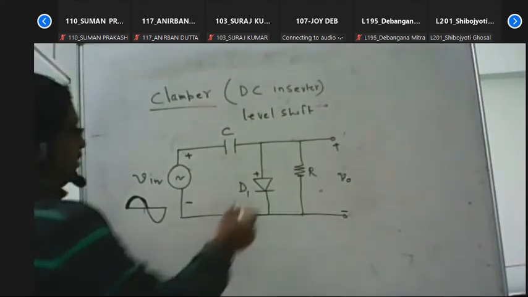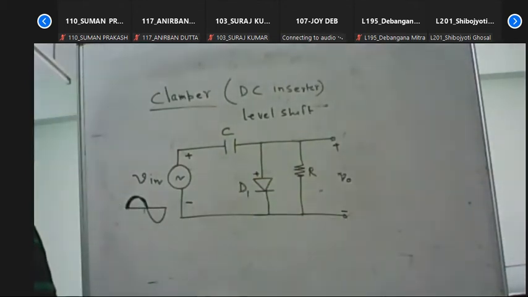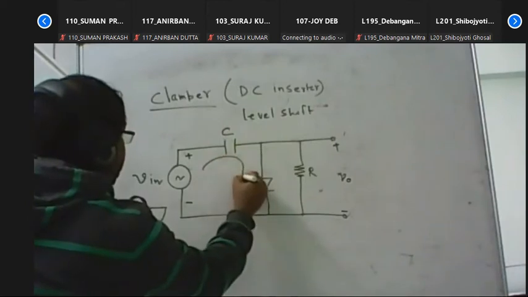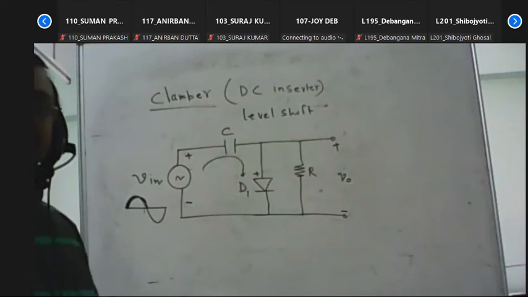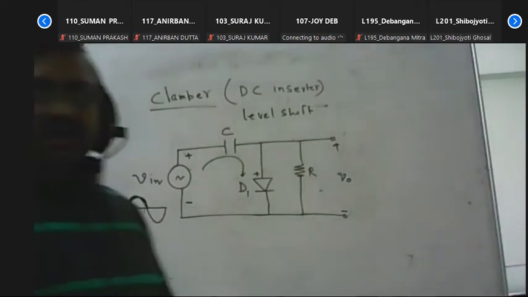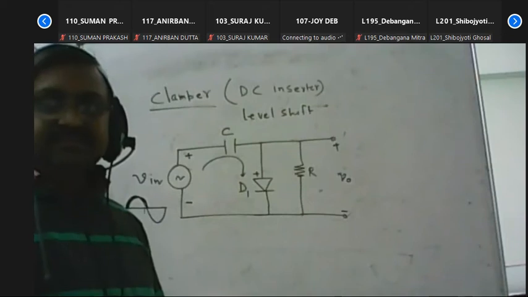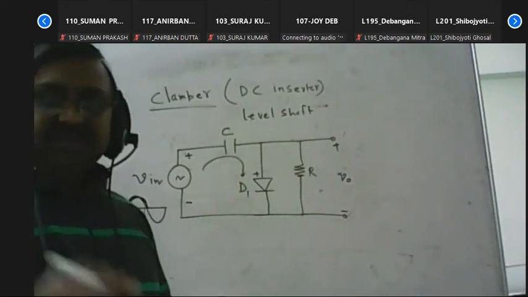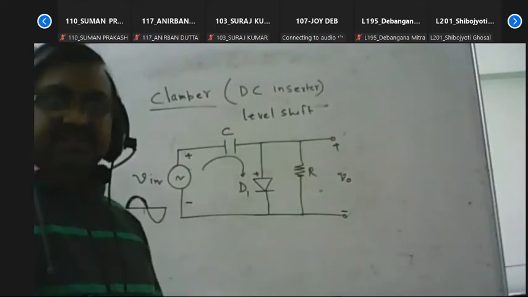Now when it is in forward bias, the capacitor starts charging through this path. We already know the basic property of a capacitor: it can hold charges. The capacitor stores charges as electric energy.